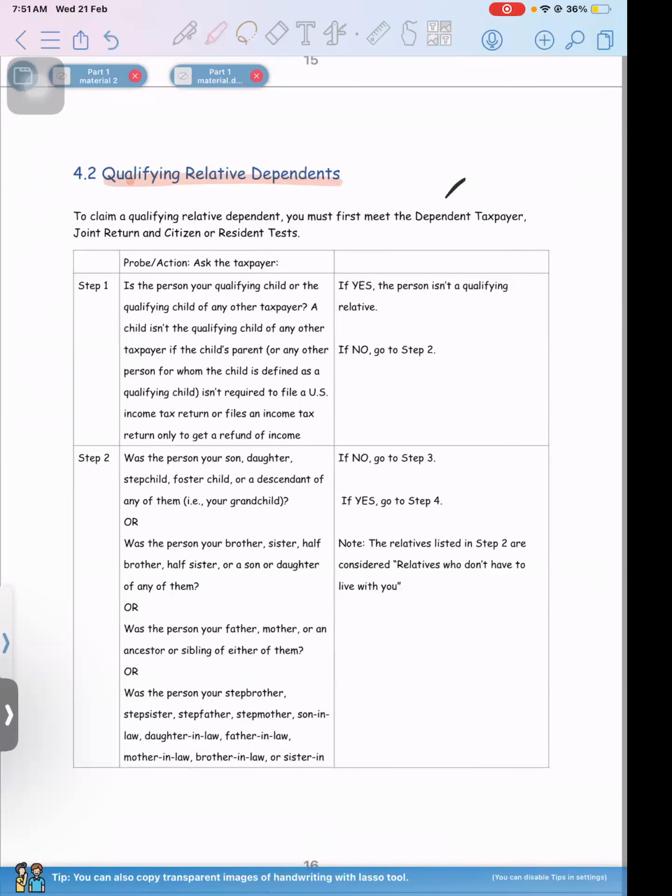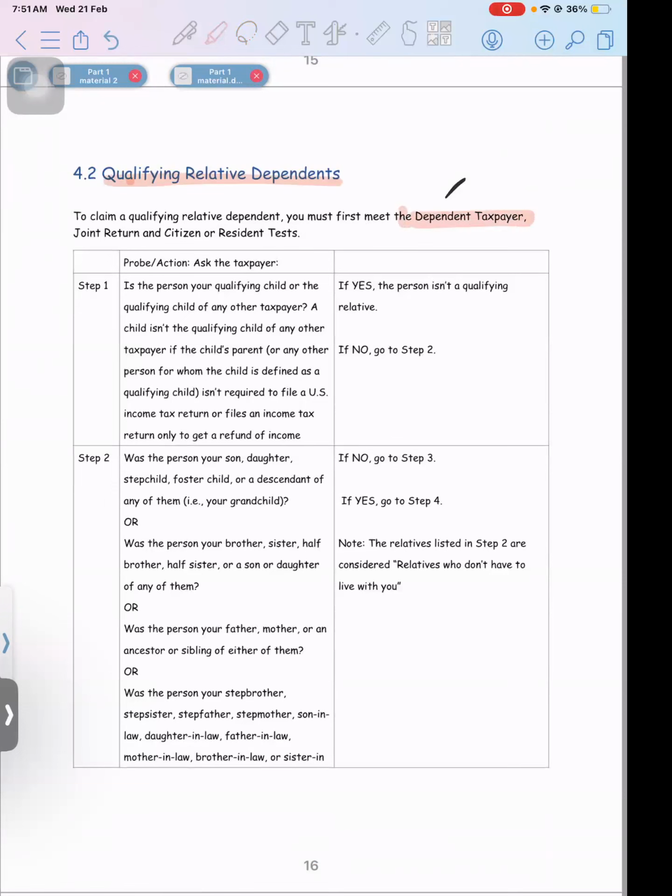This is what is mentioned over here. You should not be a dependent on someone else's return. You should not file a joint return with someone else. And you should be a citizen or a resident. These 3 tests are compulsory to meet first. And here, what are the steps you need to remember?